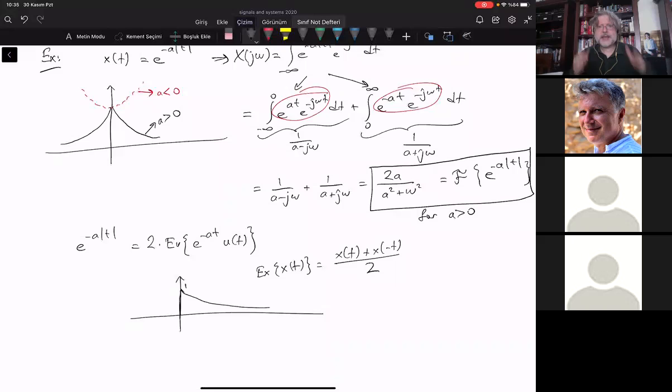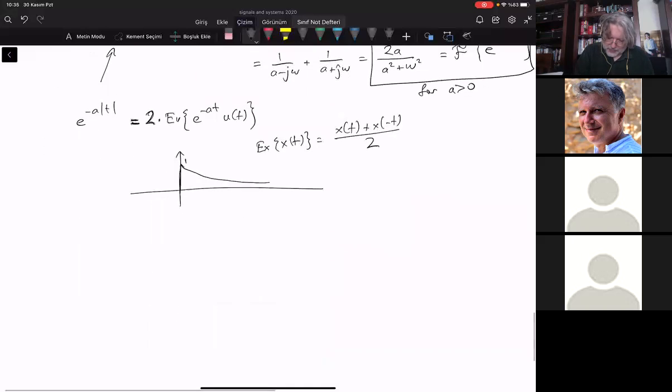But e to the minus a absolute value of t was this shape, starting from 1. If you take the even part, it starts from 1 over 2, so you have to double it. That's why it's equal to 2 times the even part.